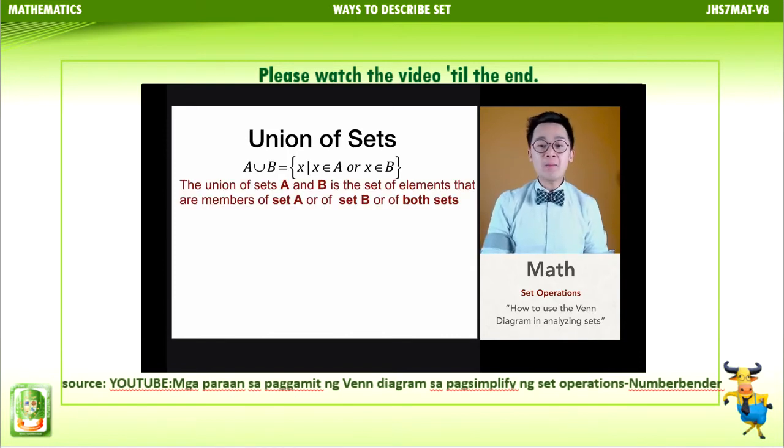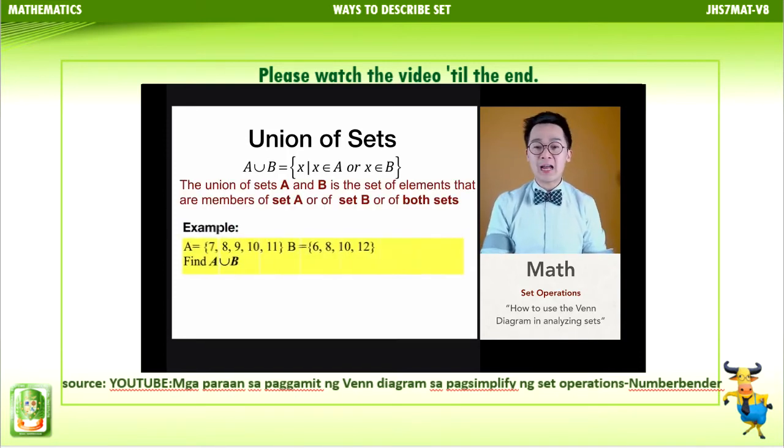So, sa ganitong pamamaraan, halimbawa, meron tayong dalawang subsets. Yung A is 7, 8, 9, 10, 11 at yung B ay 6, 8, 10, and 12. Yung A union B, ibig sabihin nun, yung anong mga elements na makikita mo sa A at kung ano yung mga elements na makikita mo sa B, pagsasamahin mo sila doon sa union sets.